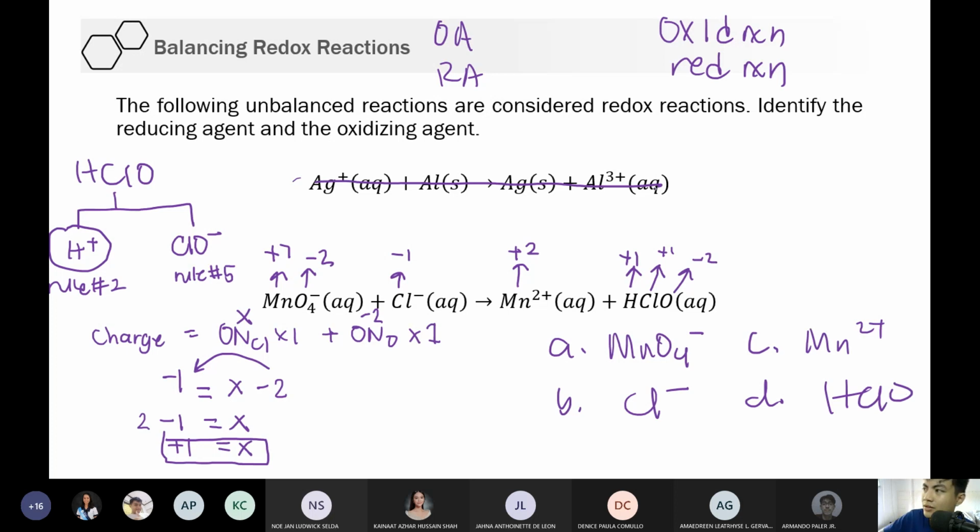So, imagine nyo, quiz to. So, pili kayo. Is this A, B, C, D? Okay? So, ano yung mga sagot natin dyan? Kunwari, 4 points yan. Sige. So, I will give you time to answer this. Sige. So, I'll wait for your responses. Message lang kayo sa chat box. So, identify the oxidation reaction, reduction reaction, oxidizing agent, and reducing agent.